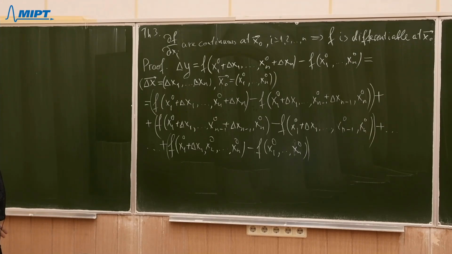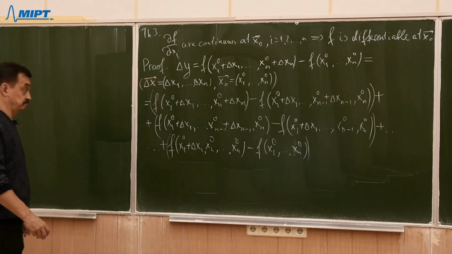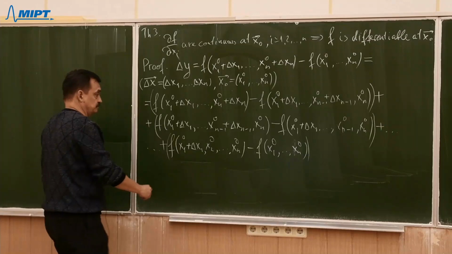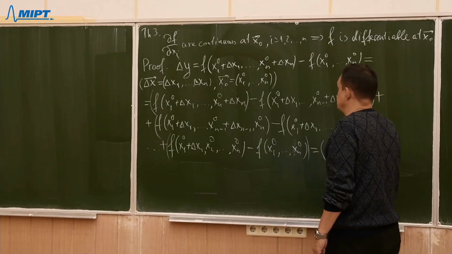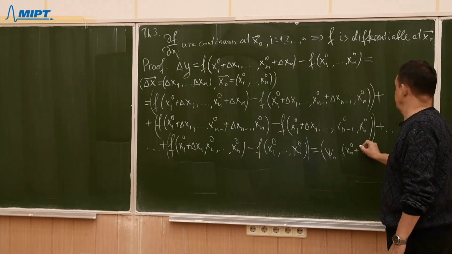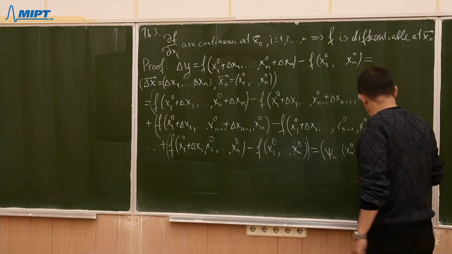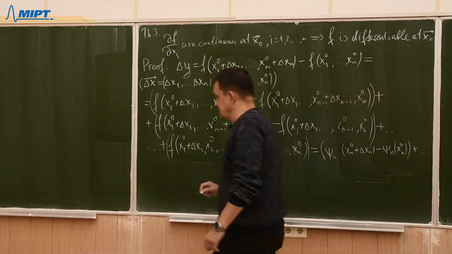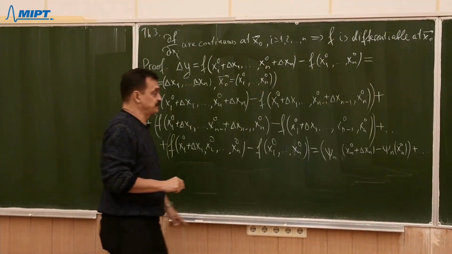How can we denote it? Yeah, for example, let's say psi. So I'll denote here psi n at xn naught plus delta xn minus psi n at xn naught, plus and so on. As I said, all other differences will be considered analogously. So what is psi n here?